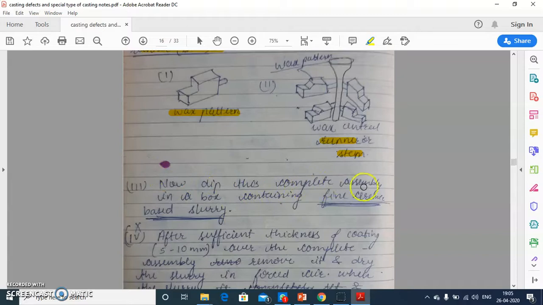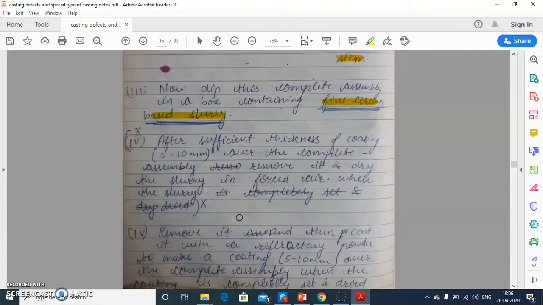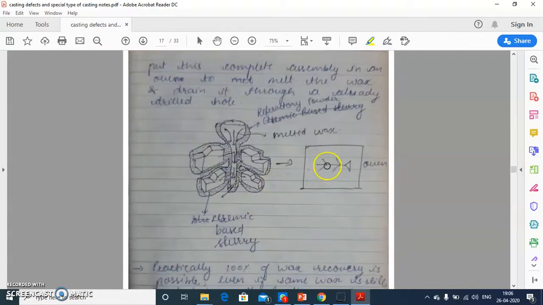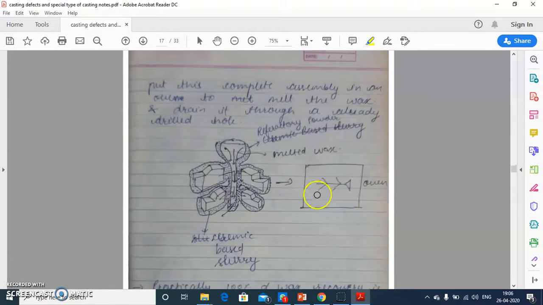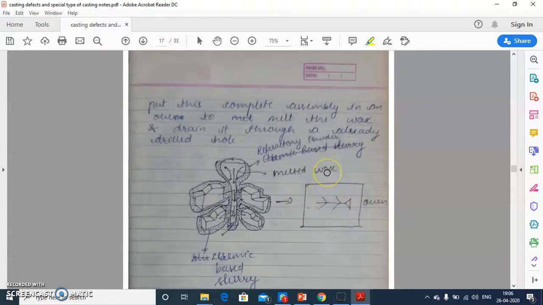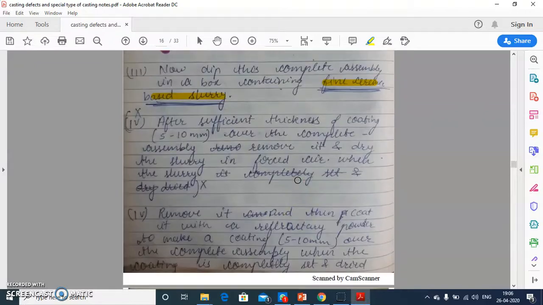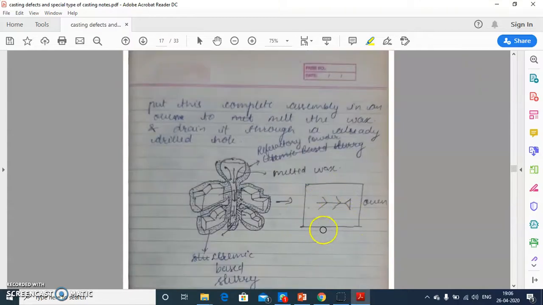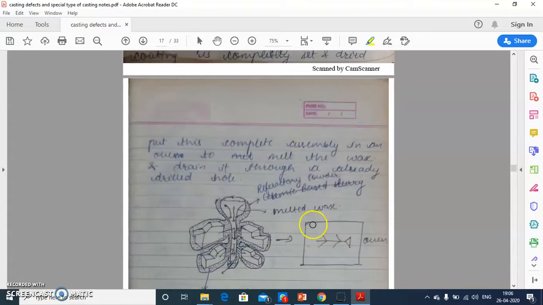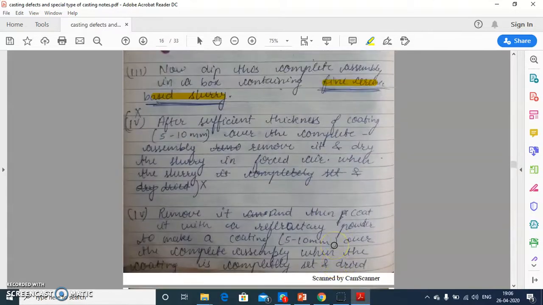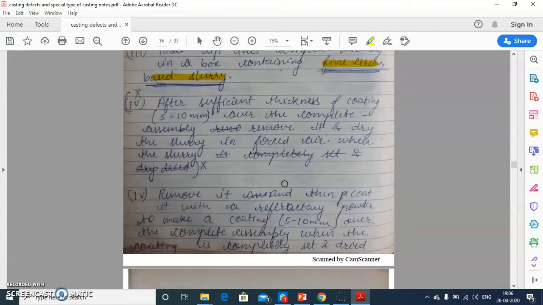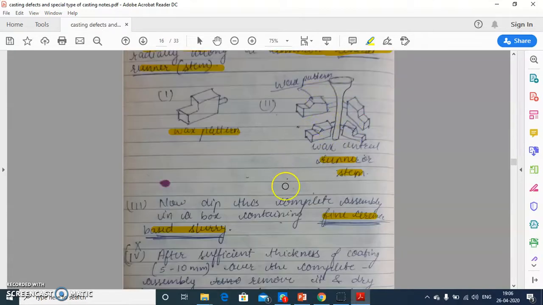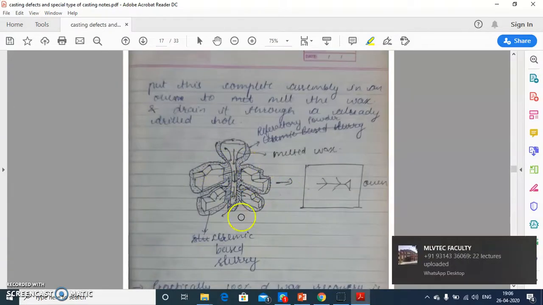Now dip this complete assembly in the box containing fine ceramic-based slurry. We put this complete assembly in the slurry so that the fine ceramic-based slurry can diffuse onto the wax pattern and make a layer like this.